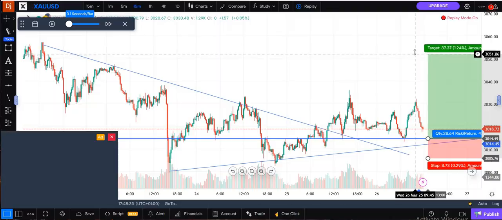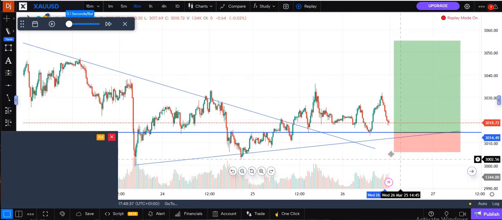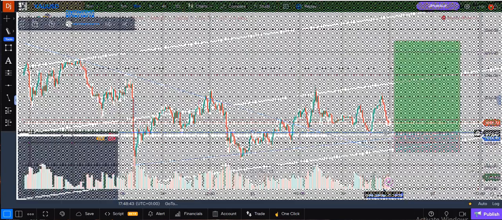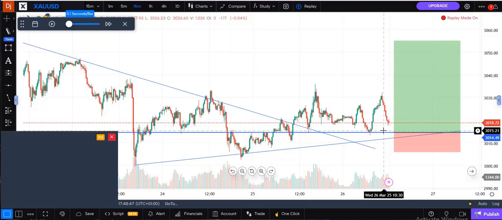So that's about here, and we put our stop loss here. That is because if the market was to break below our area of value right here and break down past this trend line, then that means that our setup has been invalidated.